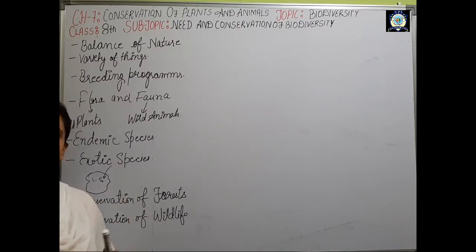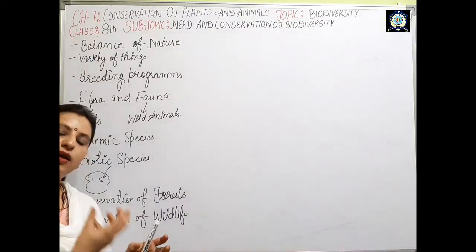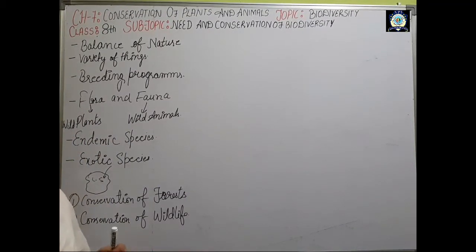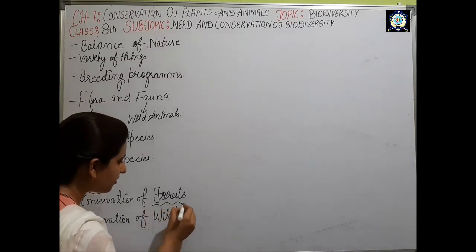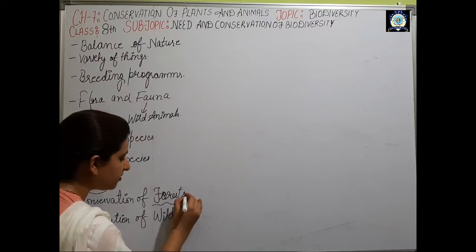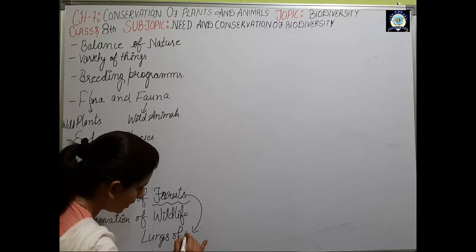Because animals release carbon dioxide, and that carbon dioxide is life gas for the plants, and on the other hand plants release oxygen, and that oxygen is life gas for humans and animals. So we are interdependent on each other. That's why forests are very important, and due to this interdependence the forests are called the lungs of nature.